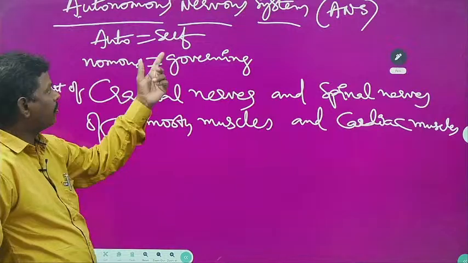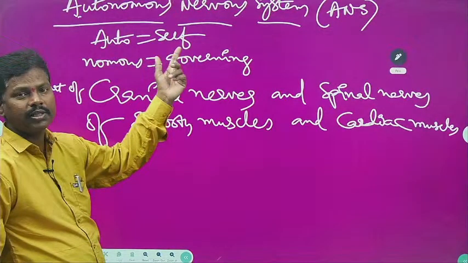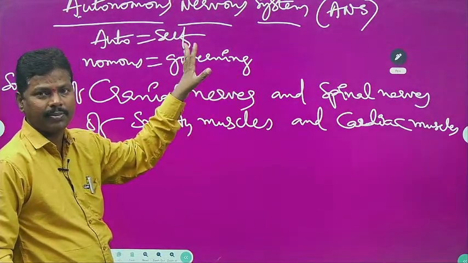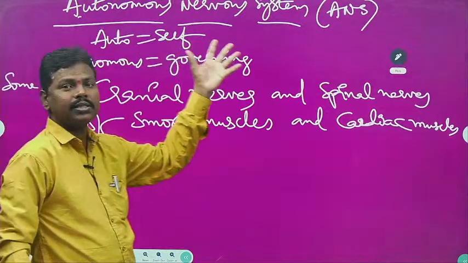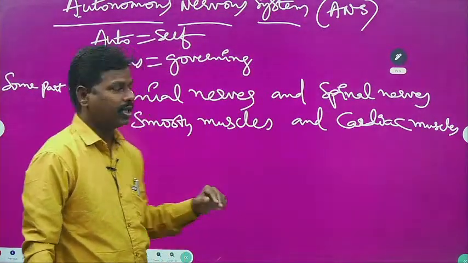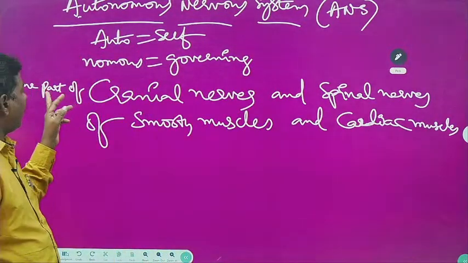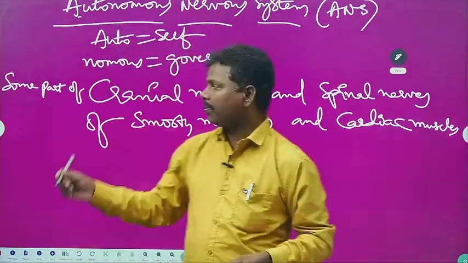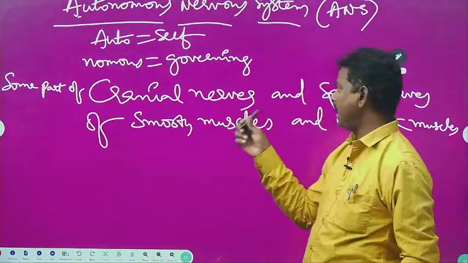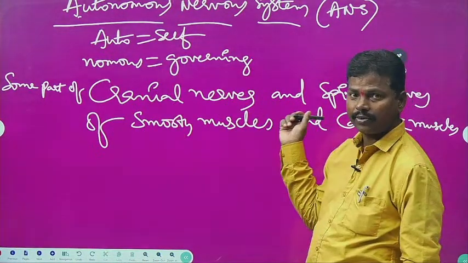It is formed by some part of cranial nerves and spinal nerves of smooth muscles and cardiac muscles in our body. Autonomous nervous system means self-governing nervous system, that is the meaning. But how is this nervous system formed? It is formed by some part of cranial nerves and spinal nerves of smooth muscles and cardiac muscles in our body.